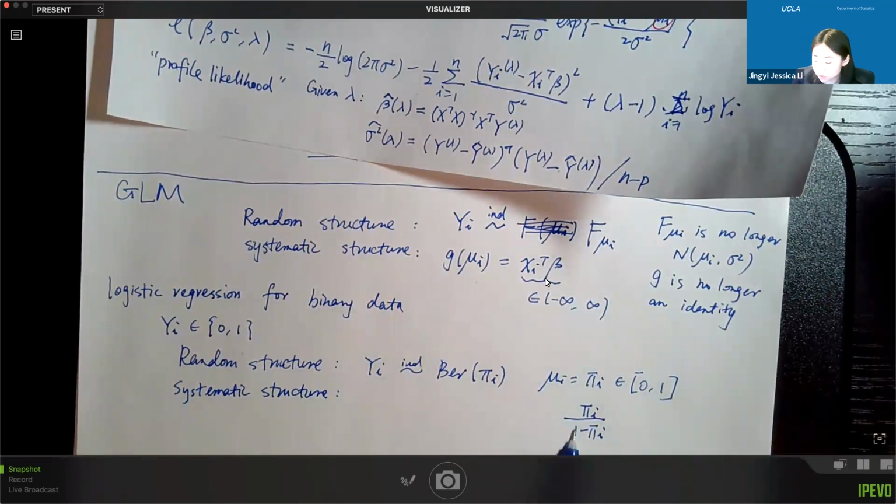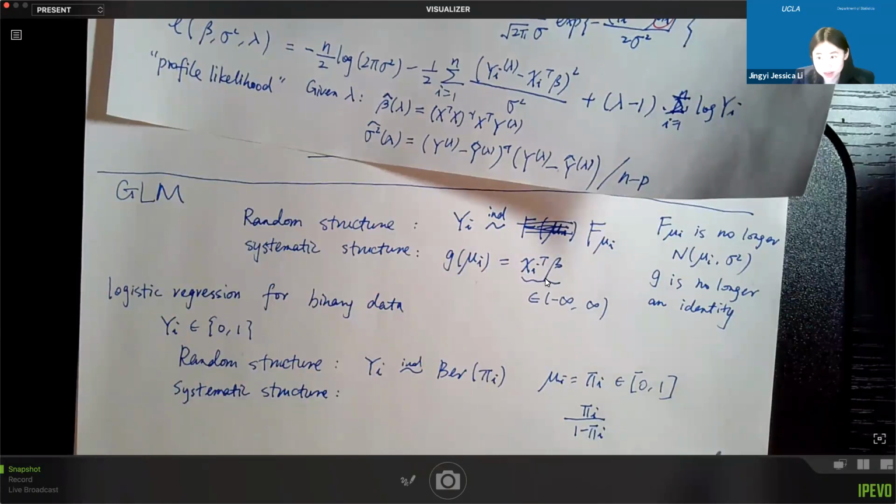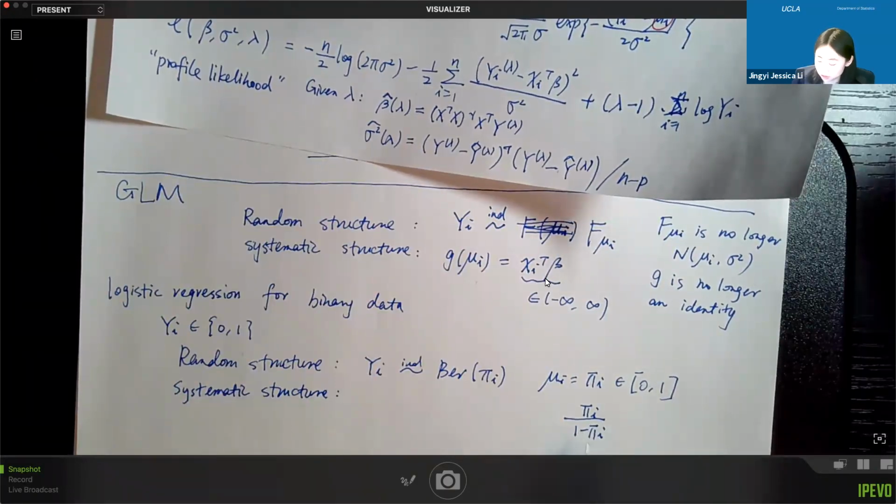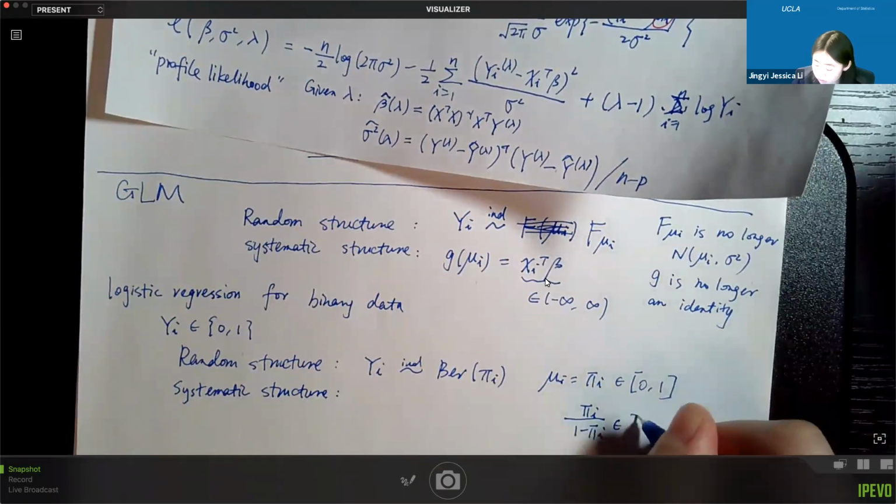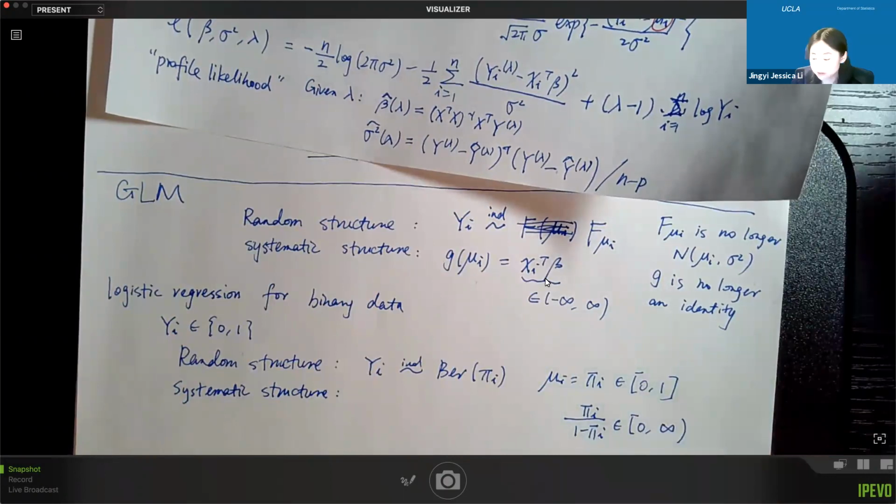So we know that when pi I is 1, this will give me 1 over 0, so I can get positive infinity with this because I'm going to divide by 0. So I can have very, very large positive numbers using this ratio. But not yet. I'm not covering the negative part of my real line.